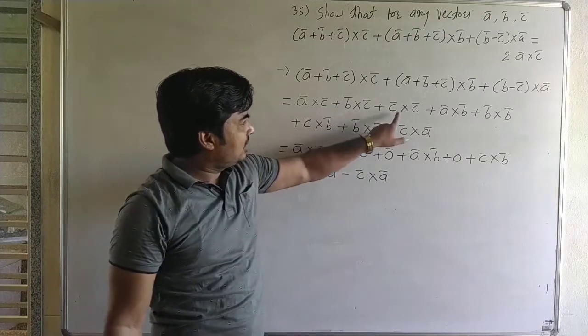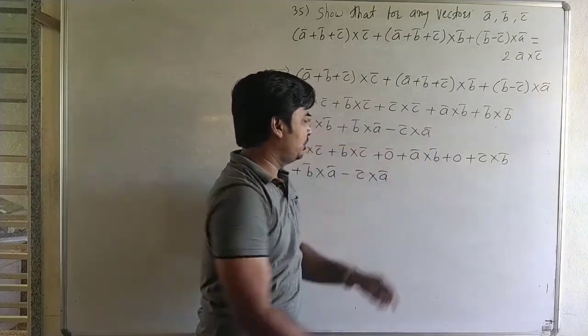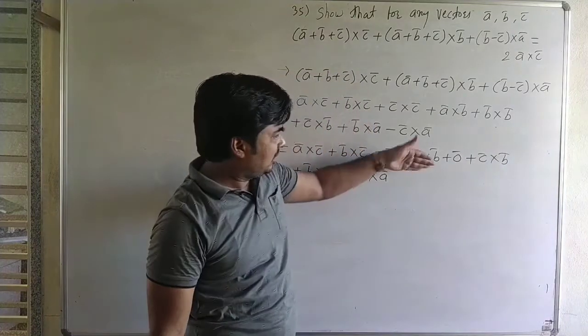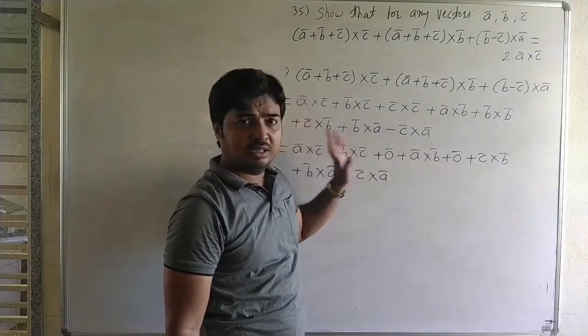Here C bar cross C bar and B bar cross B bar are the 0 vectors.